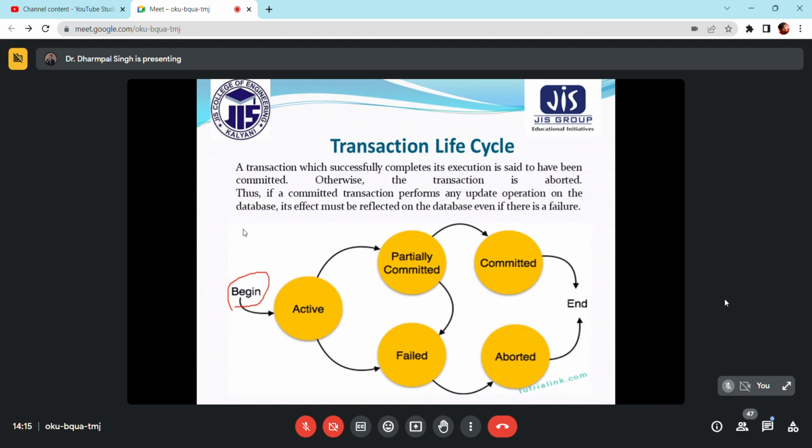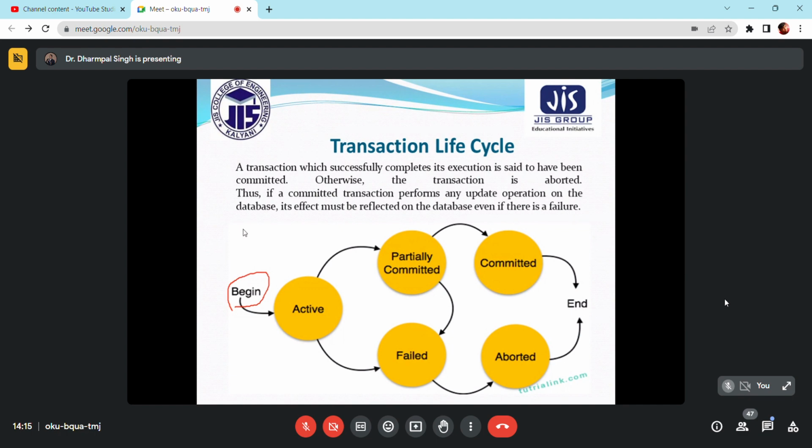Now you can see that the transaction which successfully completes its execution is said to have been committed. Commit means the transaction has done all its tasks. Suppose the transaction starts and performs different operations.